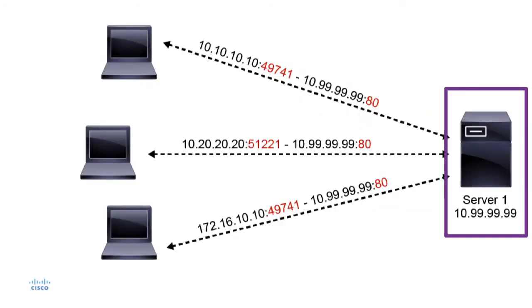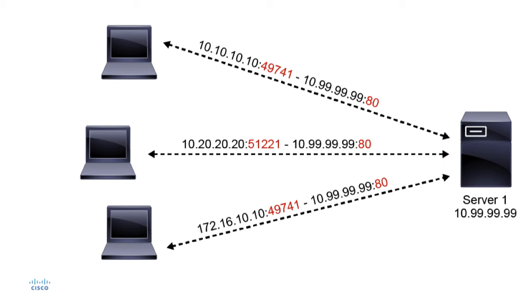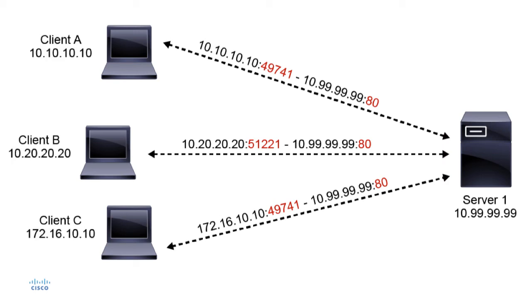In this example, we have server number 1, which is running a daemon that is offering web services. A user, client A, client B, or client C, is going to establish a connection to that web server. So what happens is, as the TCP segment is created on client A, B, and C, the destination IP address will be determined.